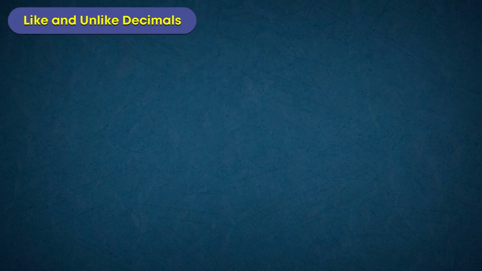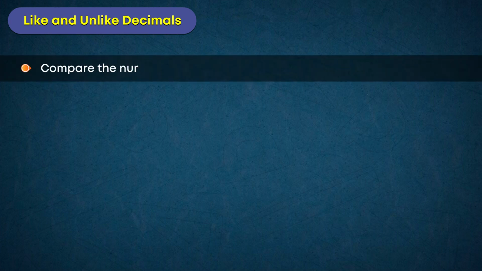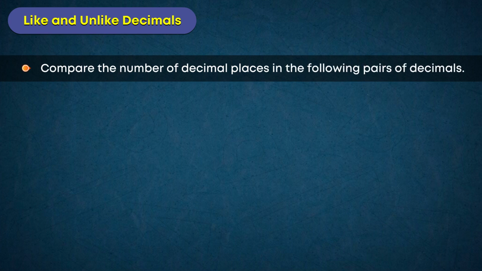Like and unlike decimals. Compare the number of decimal places in the following pairs of decimals. 1. 16.38, 2.05, and 2. 3.175, 8.6.